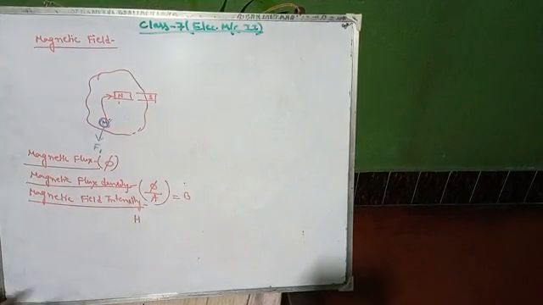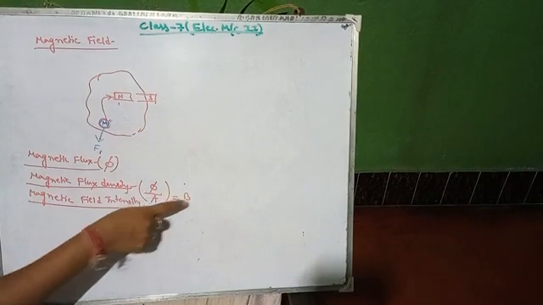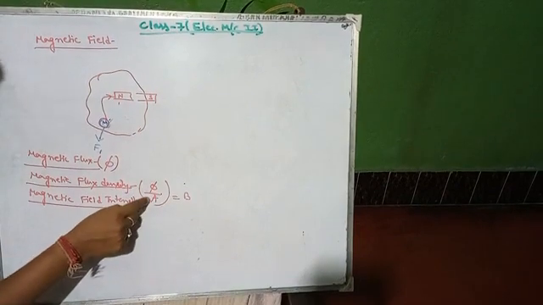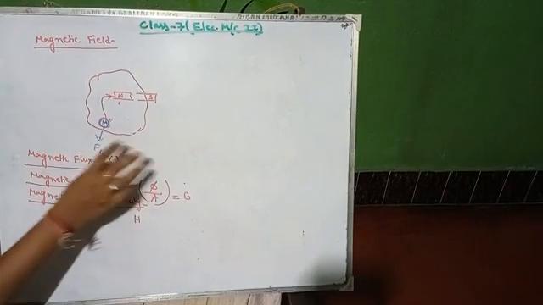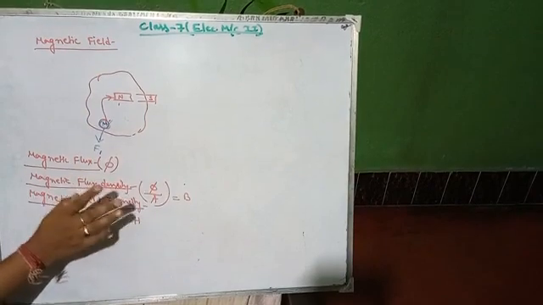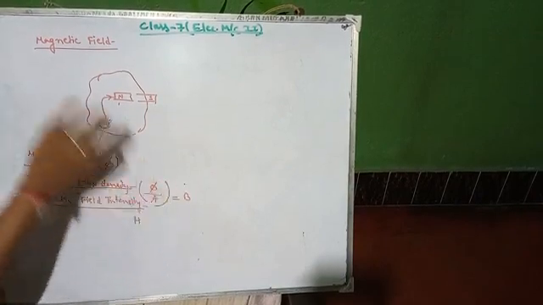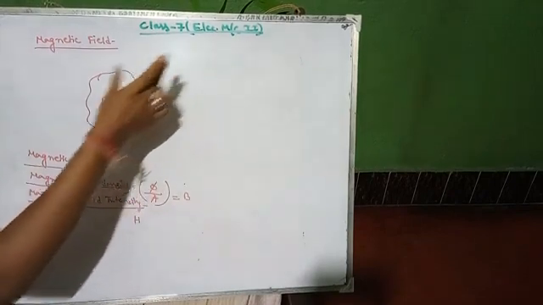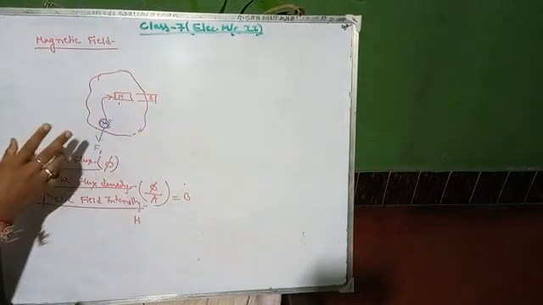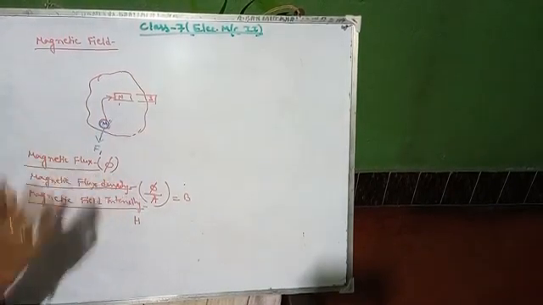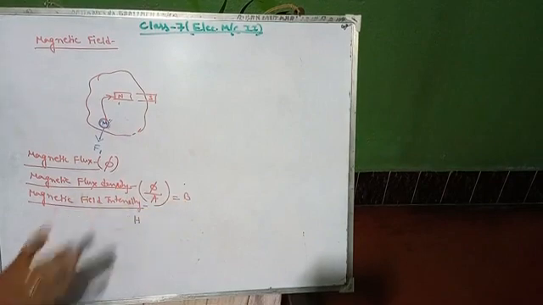Though H is a vector parameter, B is a vector parameter, and A itself is a vector parameter, we need not put any vector sign, because in this subject, electrical machine, we are taking only the magnitude of it.